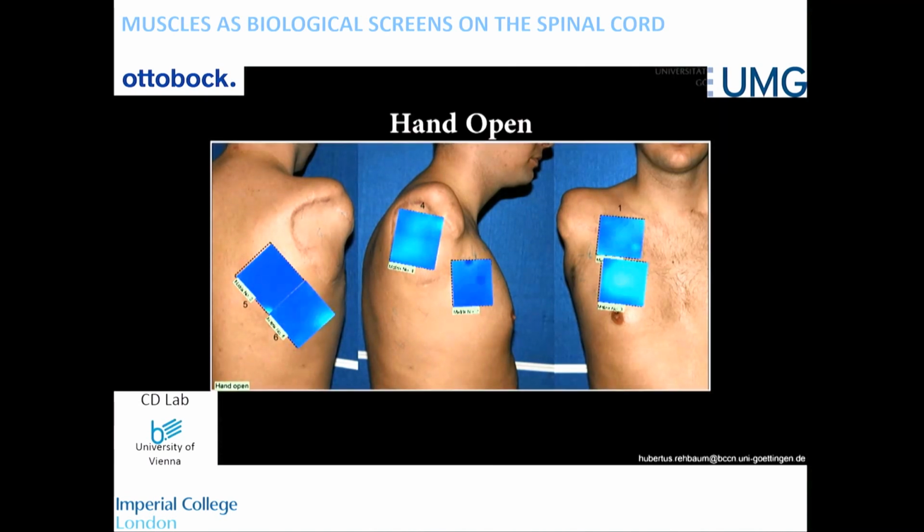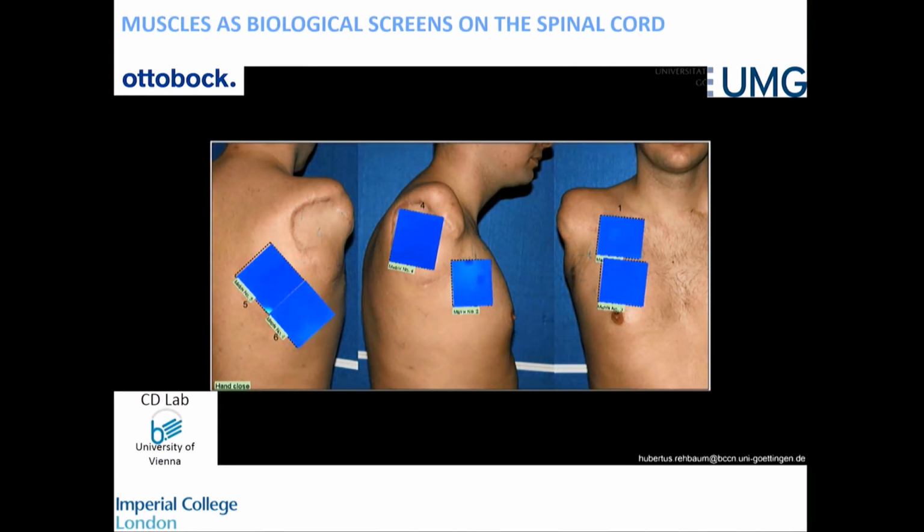And by decoding this activity, so by collecting that activity and associating that activity to each nerve, we can then control a full robotic arm that replicates what the missing arm would do, exactly following the intention of the patient. So in a very natural and intuitive way.